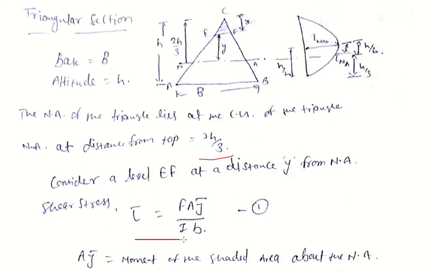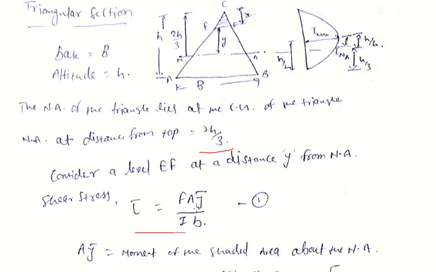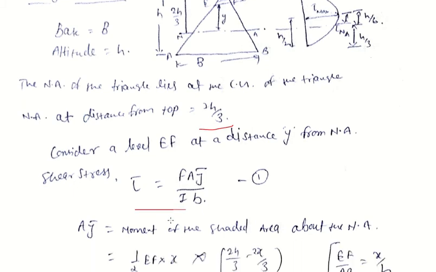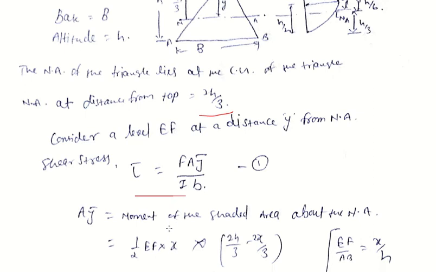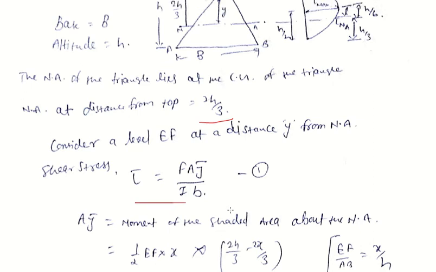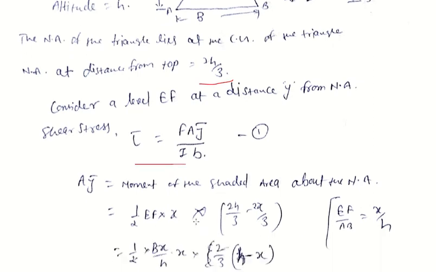So here is the shear stress equation, tau equals F A y bar by I B. So first we calculate A y bar. What is A y bar? It is the moment of the shaded area about the neutral axis.